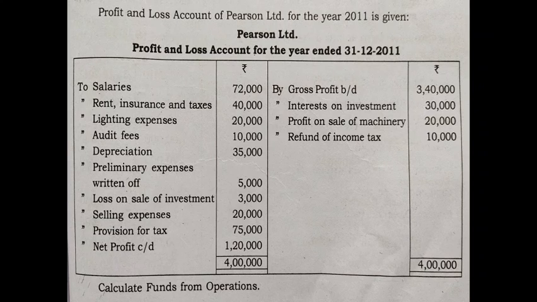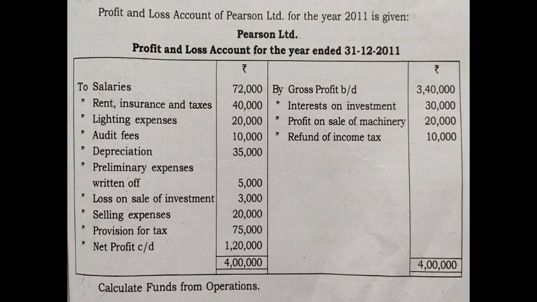Remember, usually accounts are prepared whenever the opening as well as closing balance of a specific item is given in the question. In this case, you are given a profit and loss account. Whenever a profit and loss account is given, you need not prepare accounts because it is easy to find out and identify each item. You just need to add back or deduct.